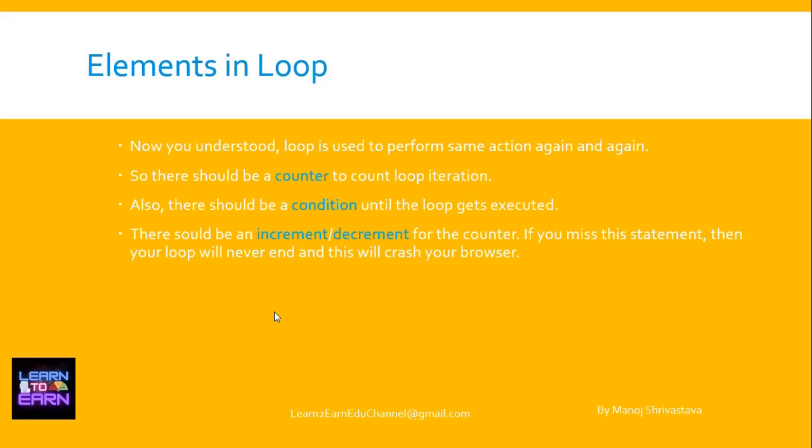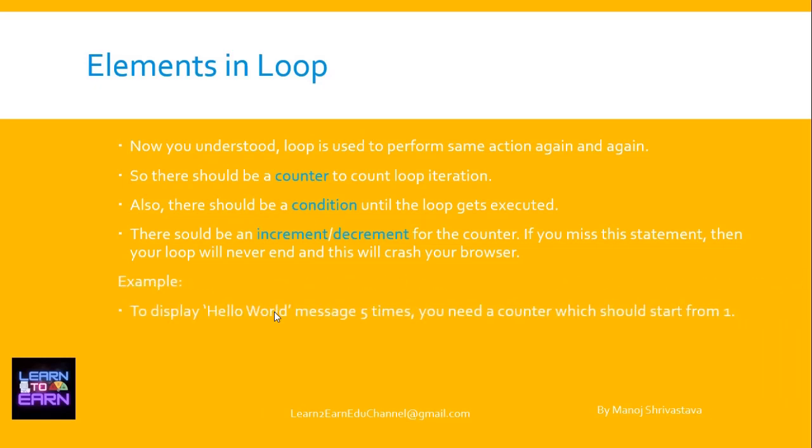If you miss this statement, then your loop will never end and this will crash your browser. So remember, there should be a counter, a condition and an increment or decrement of that counter. If you forget to mention the increment or decrement, then your condition will remain always true and your loop will get executed an infinite number of times, and at the end of the day your browser will crash.